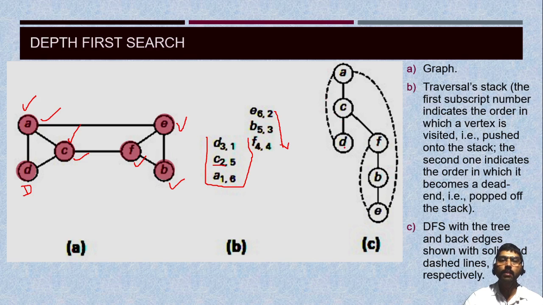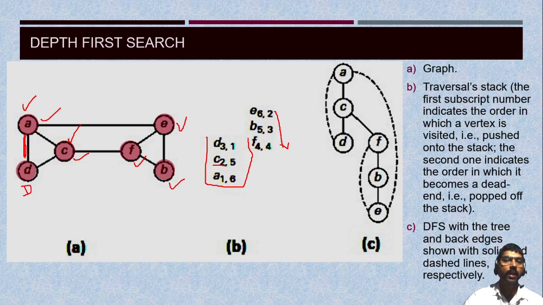Back edges means we visit up to A, C, D, and D is actually connected to a back edge. Back edge means the edge here, this one, is the edge which is connected to its predecessor nodes, which is not a parent.